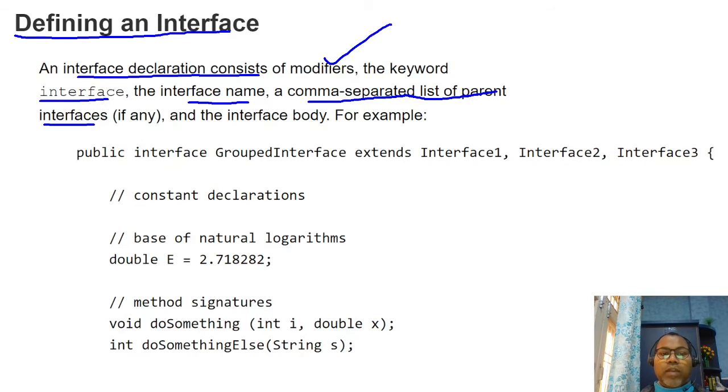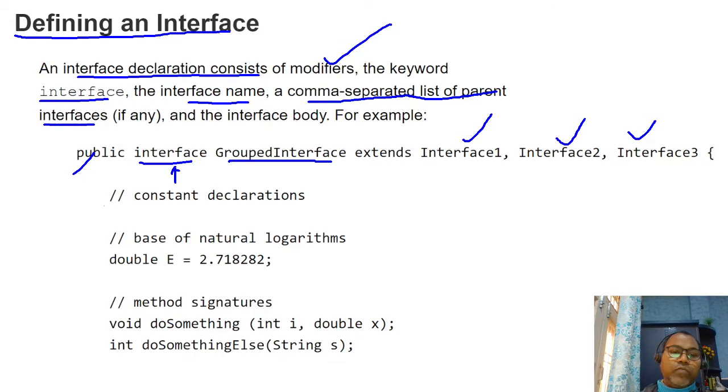It looks like this: your access modifier, public or private, then the interface keyword, which says this is an interface, then the name of the interface, and maybe interface 1, interface 2, interface 3, any other interfaces you can extend.